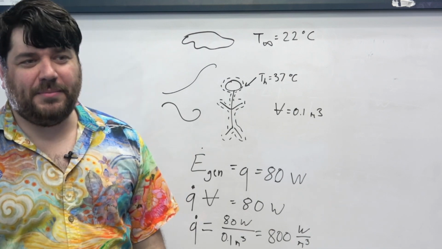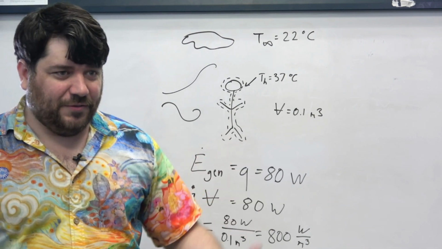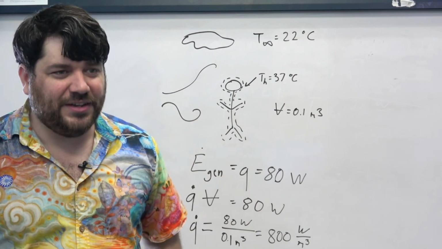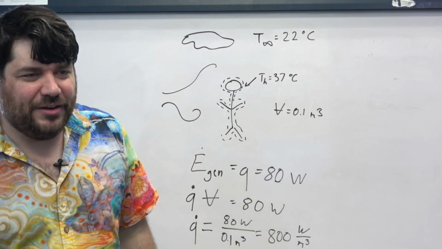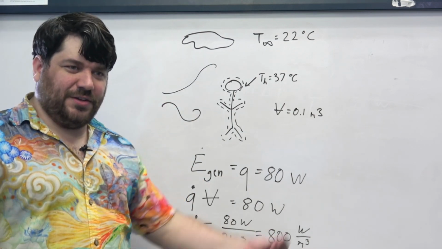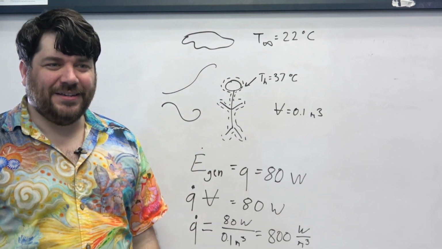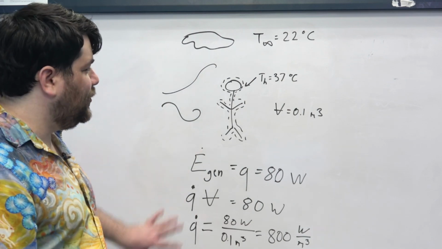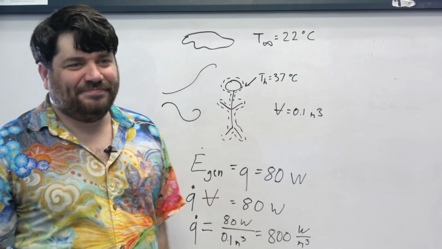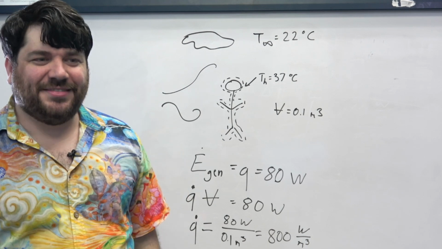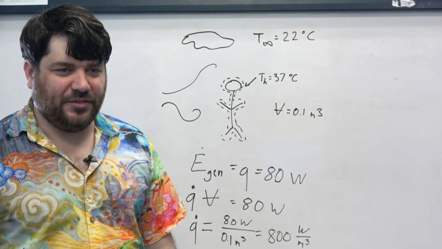Simple. It converts chemical energy from the process of us digesting our foods and bringing in protein. It converts all of the chemical energy that is unlocked as a result of the consumption of food into thermal energy, okay? And that thermal energy then goes to power the internal thermostat that keeps us at 37 degrees Celsius.